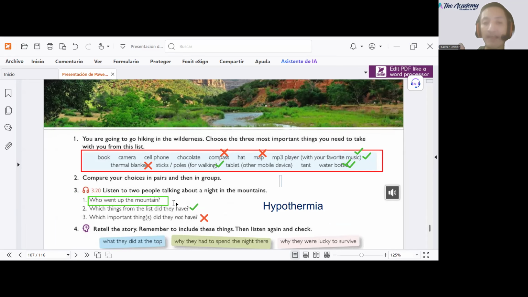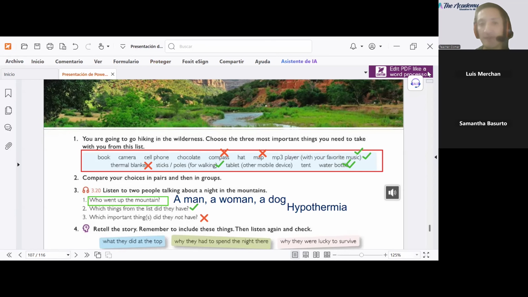Okay? And who went up? Do you remember there were three of them? For sure, it was a man, a woman, and a dog. All right? And they didn't have the thermal blanket for them. And because they spent the night right there, they had to cuddle together in order not to die of hypothermia. Okay?